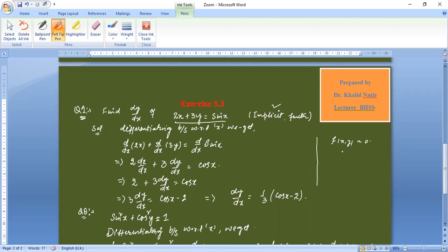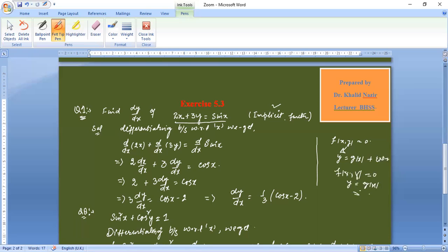If we can extract the dependent variable explicitly, like we can write y is a function g of x, then this relation is said to be explicit. Similarly, if we cannot separate x and y from this equation, that is, we cannot write y is equal to some other function of x, then it is said to be an implicit function.